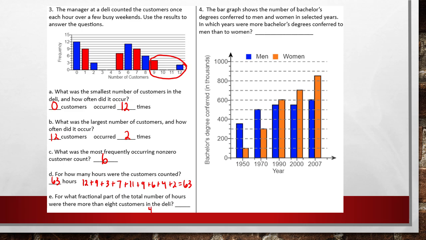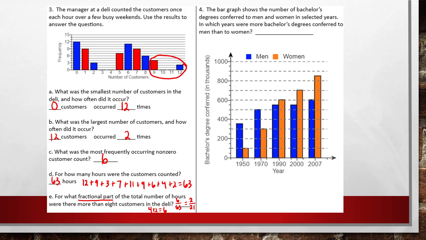So 4 plus 2 equals 6, and we're doing a fractional part, so we put that 6 over the 63. Okay, 3 can go into each of those. 3 goes into 6 2 times. 3 goes into 63 21 times. So that simplifies to 2 over 21. So with that one you're just looking at the graph and then answering some of the questions.